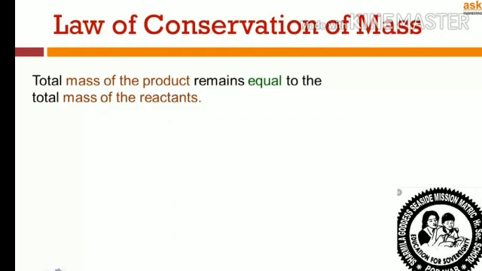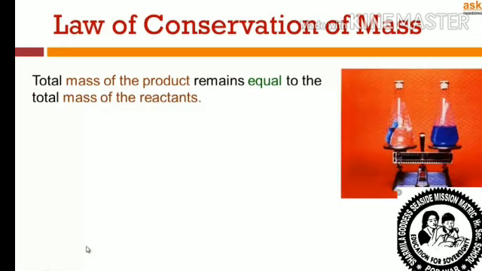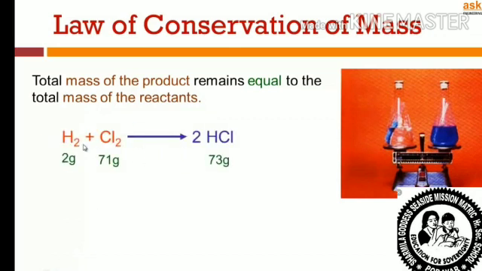If you take a chemical reaction where hydrogen and chlorine react together and form hydrogen chloride, calculate the total mass of the reactants and the total mass of the products, and those two will be equal.